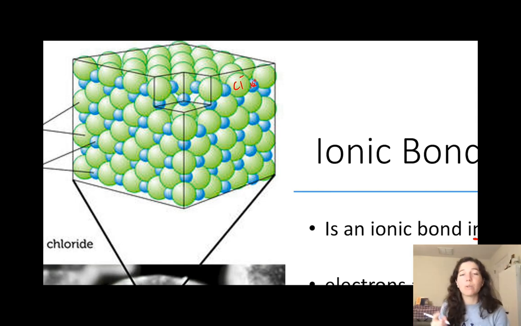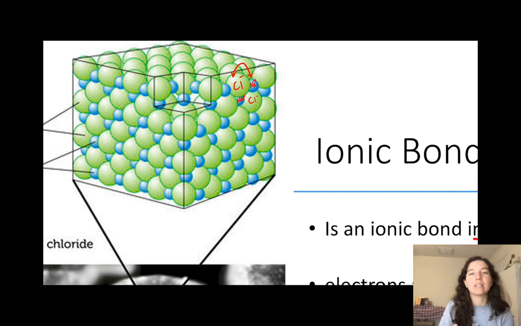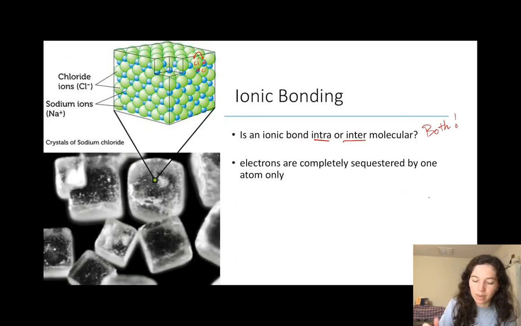So remember the difference between intra and intermolecular forces. One is inside of a molecule and the other one is outside of a molecule. Well, here those are the same thing. So the force between this is both inside of a molecule and also outside of another set of molecules. There's no clear way to say that's either inside or outside of a molecule, which means it's both.